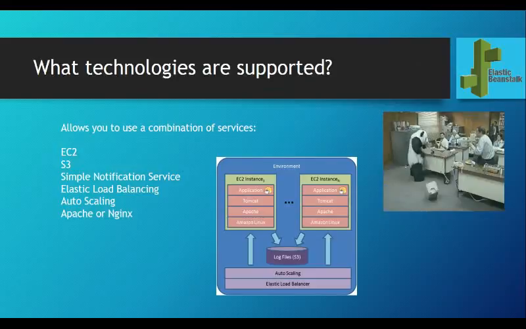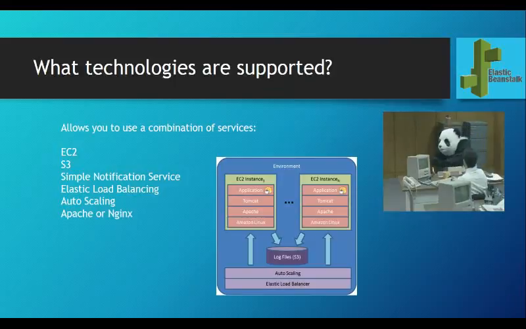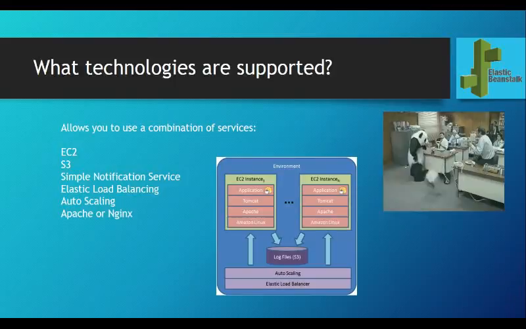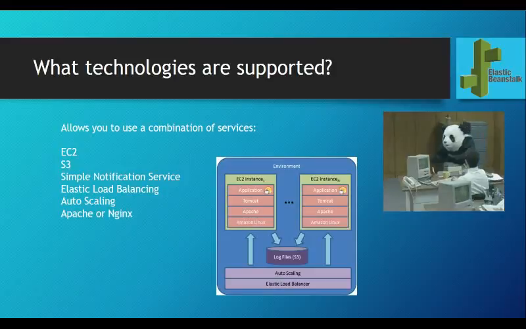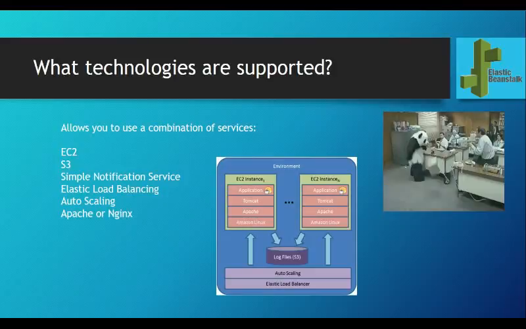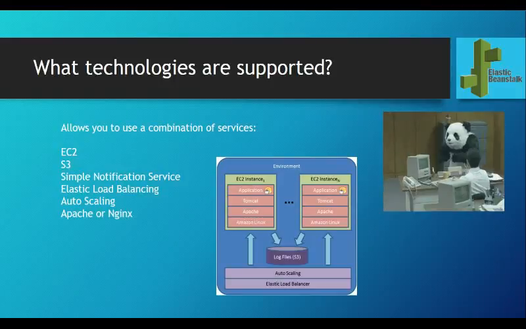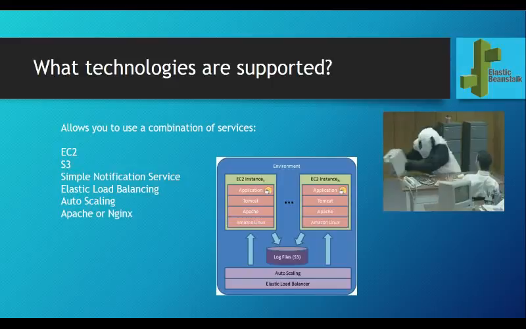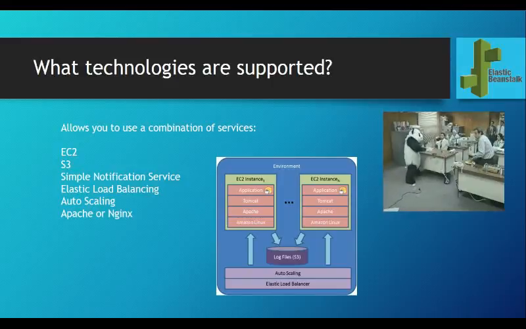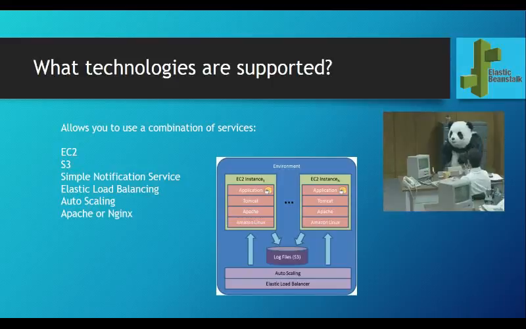Some other things that are included are S3 for storage and a Simple Notification Service, and most of these also have an Apache or Nginx as a reverse proxy that sits in front of the web app and forwards requests to it, serves static assets, and generates access and error logs.